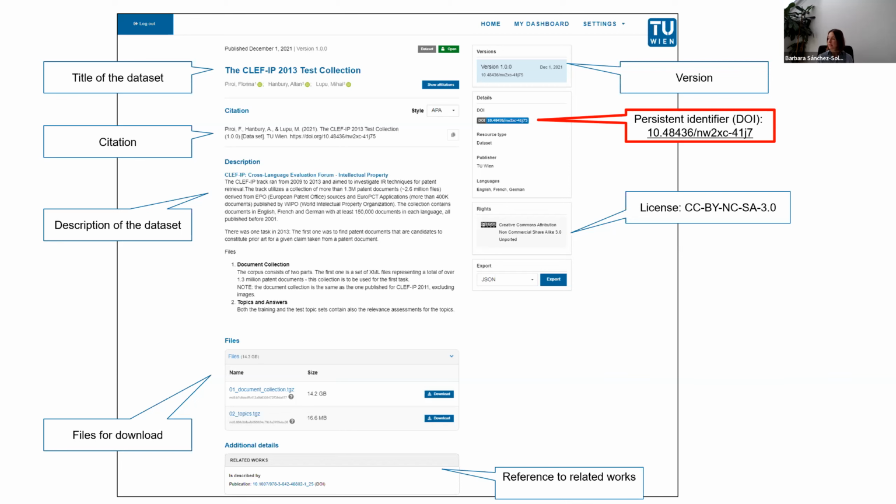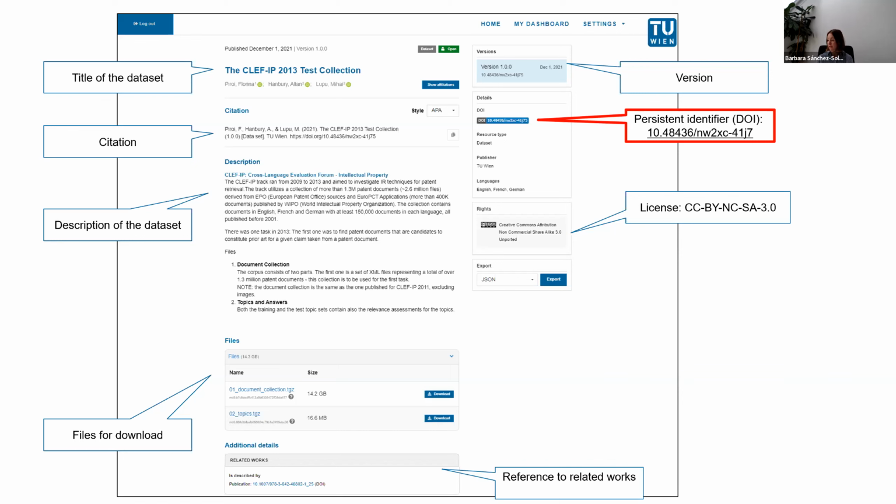And the essential thing is that with a simple link, because a persistent identifier is represented with a link, you can share a lot of contextual information. So you can share with one link a detailed description of your data set, a clear version.